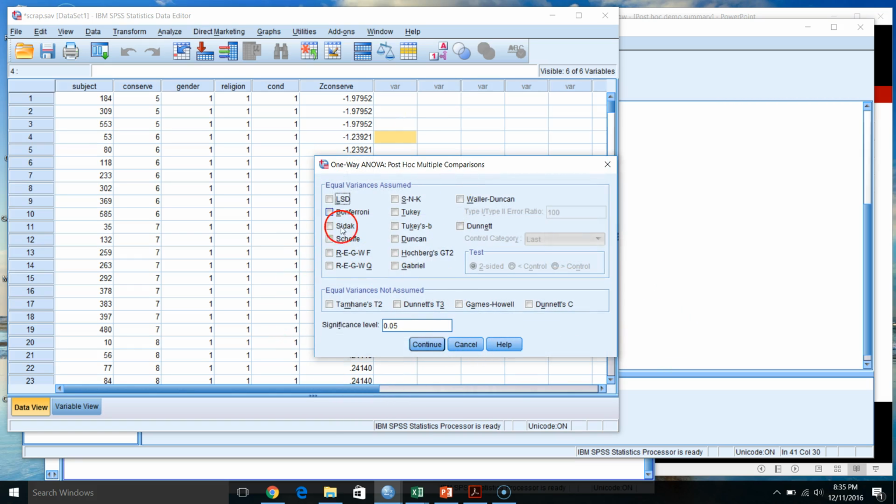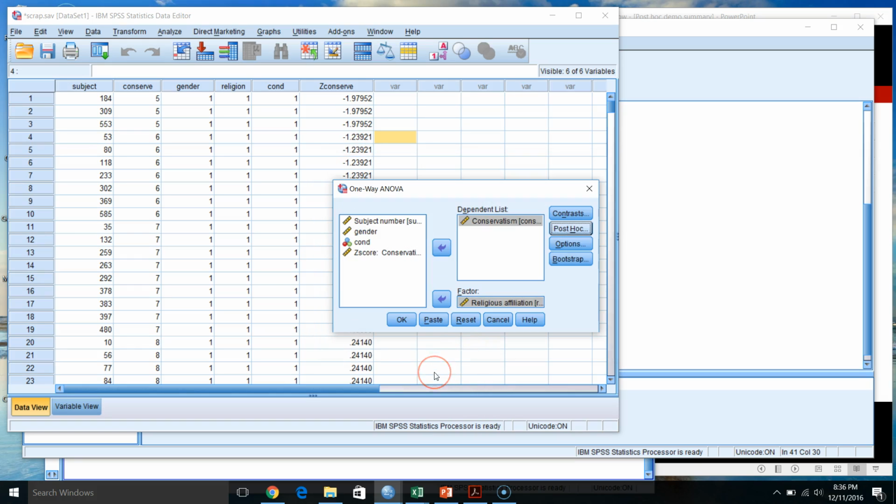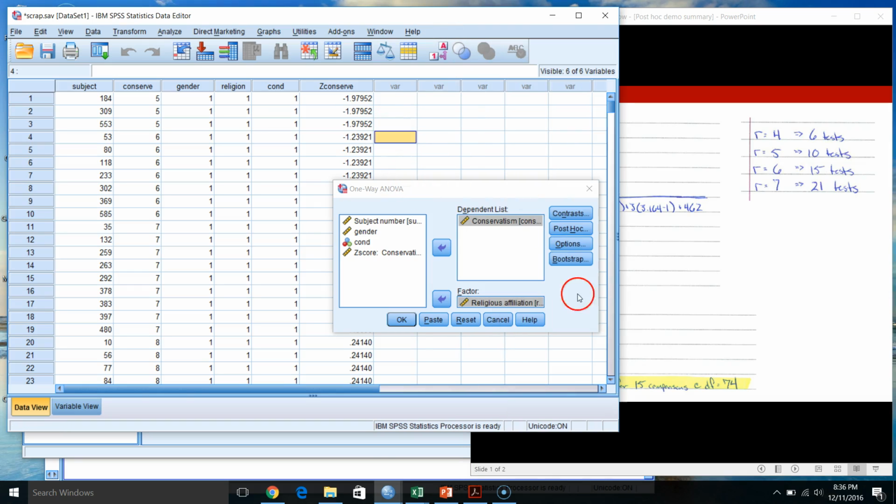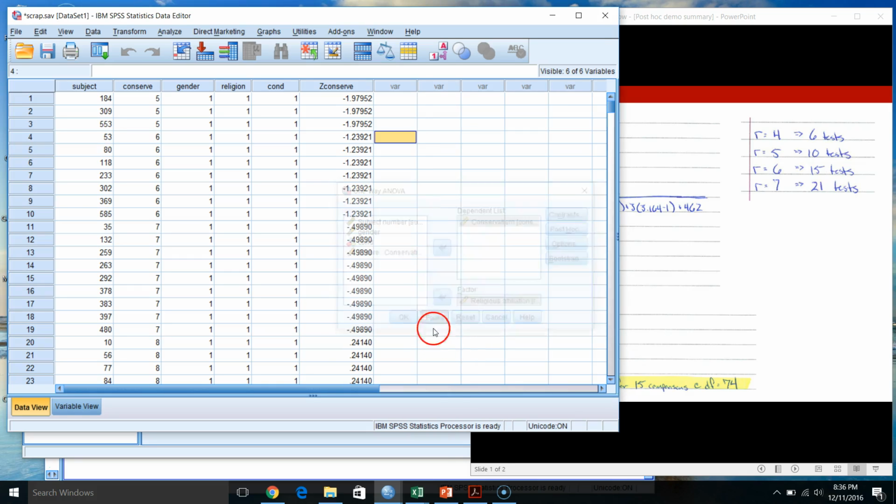But the post hoc test is only going to correct for 6 comparisons, right? And so we don't want to do this, because we would be correcting for something that we already are going to be correcting for in terms of our new critical value here, right? So we're not even going to do this. We're just going to run our ANOVA designs here. So I'm going to go ahead and paste.